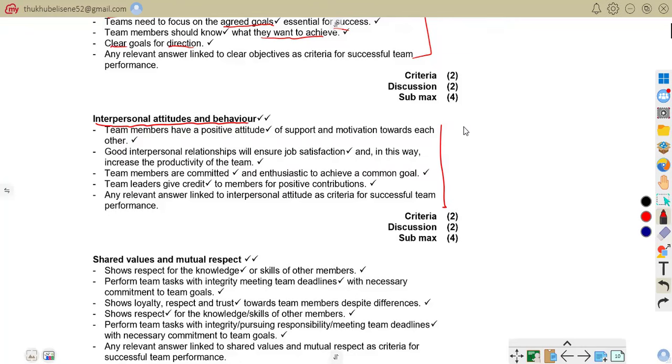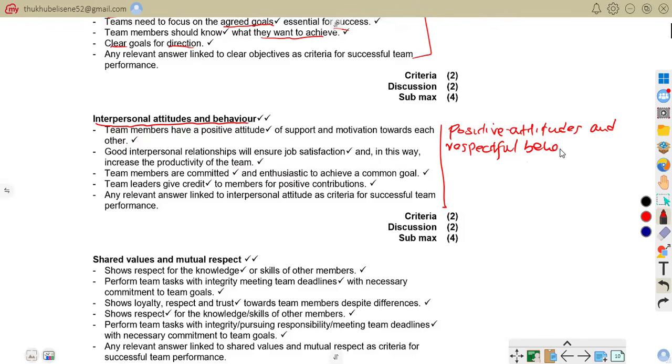So that's when you're talking about positive attitudes and respectful behavior. Respectful behavior helps team to work smoothly.